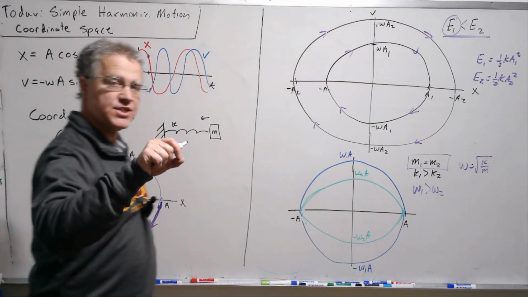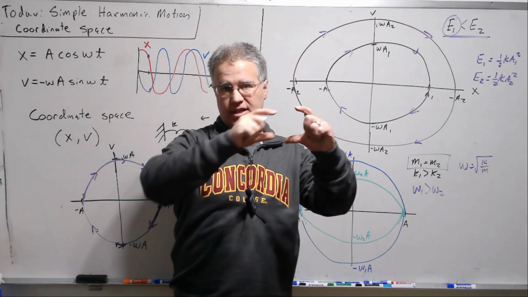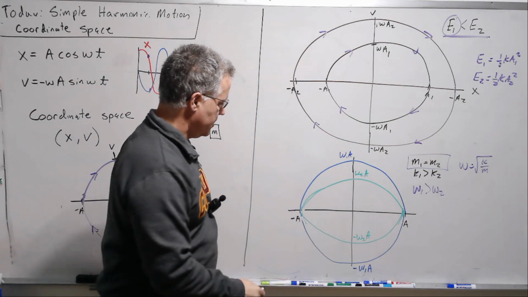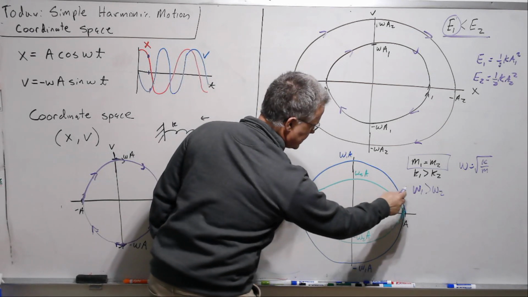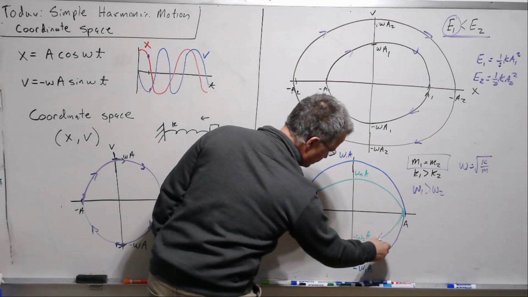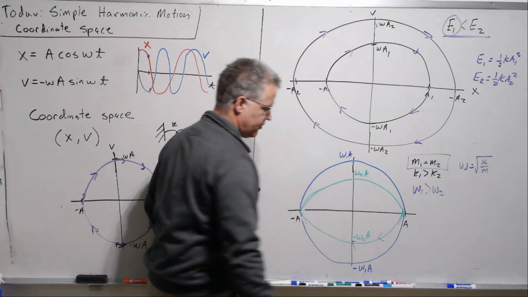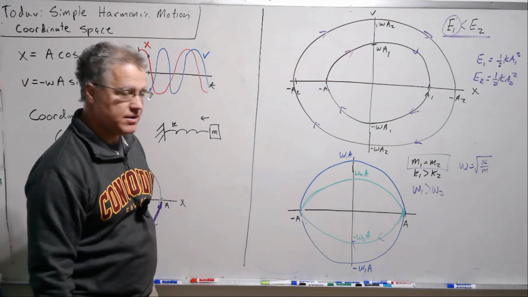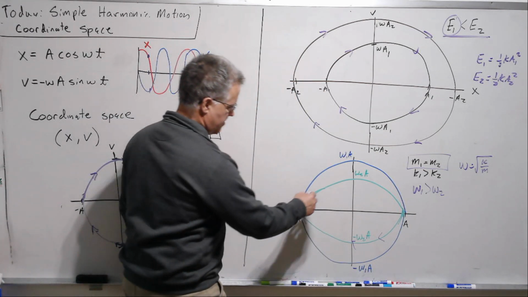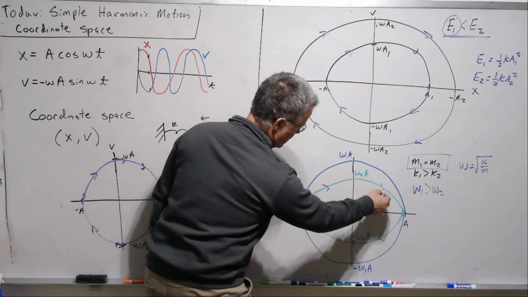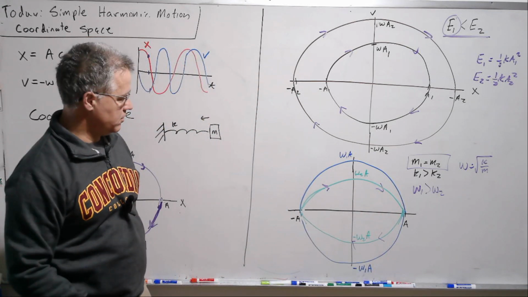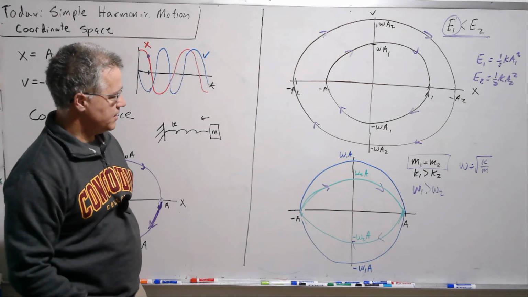If we pull the system back to the same spot and then let it go, in the case of the smaller omega, we will reach a smaller maximum velocity. And our oval will look like the green one here.